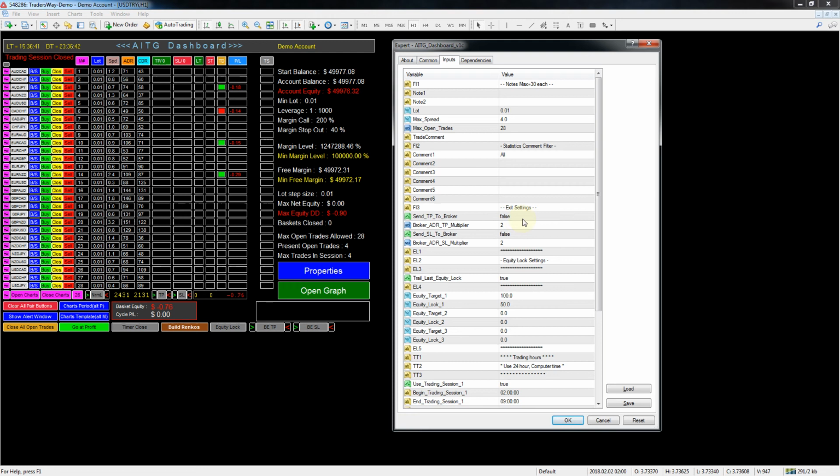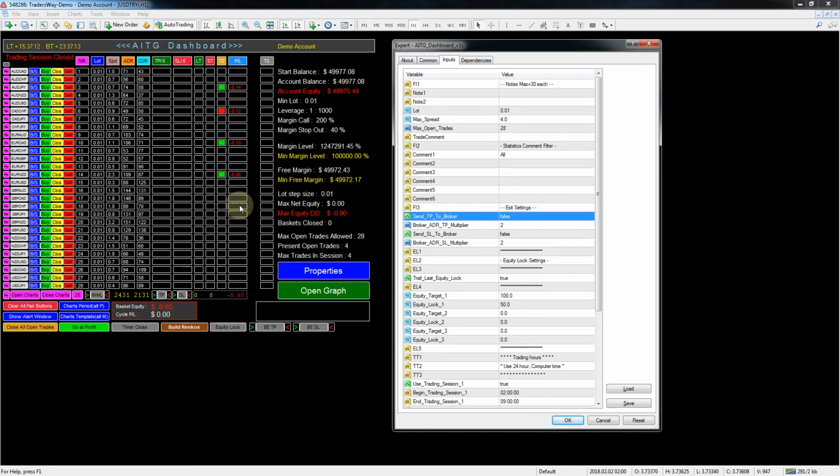Okay, these take profit to broker. These are kind of a safety device in case your network goes down or fails, or you get disconnected, or your computer crashes. What you can do is set these up so that when it opens a trade over here, it will automatically send a take profit or also a stop loss to the broker.